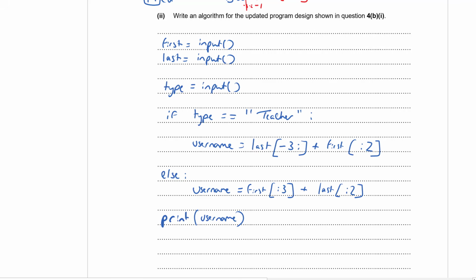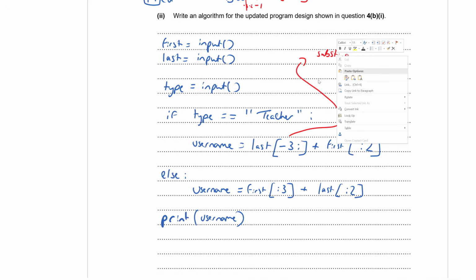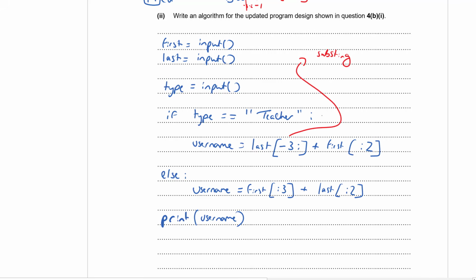I did mention there's a slightly easier way to do the slicing, and getting a substring is what this is called. In the OCR exam reference language, they mention a couple of methods which could be used in questions.